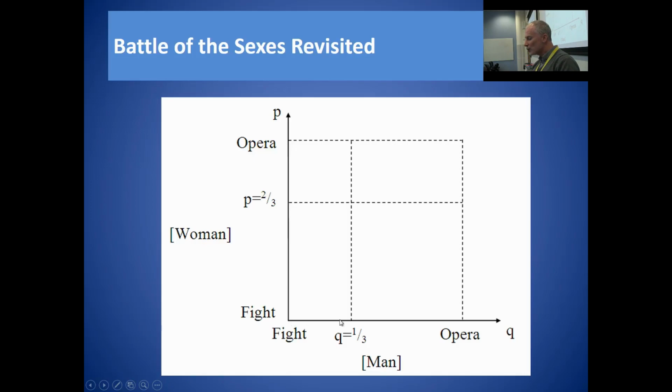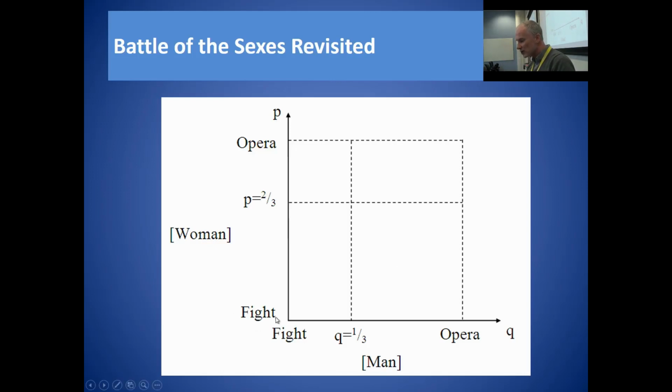And we said when Q was less than 1/3, that is, we're looking at that left-hand side of the diagram, somewhere in that area that I'm tracing out, the woman would always go to the prize fight. She gets a higher payoff of going to the prize fight as opposed to the opera. And that is what she would always do. Not just when Q equals 0, but any value of Q as long as it's less than 1/3. She always chooses to go to the prize fight.